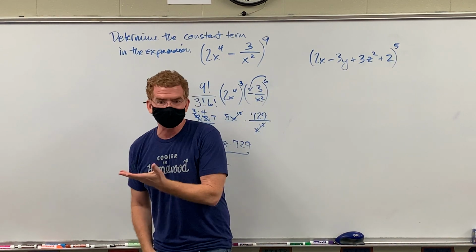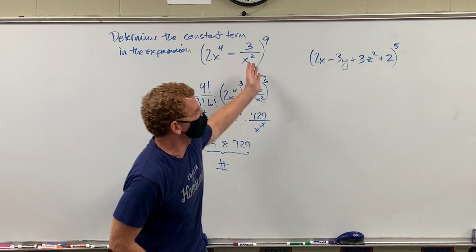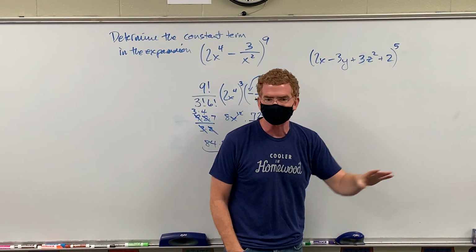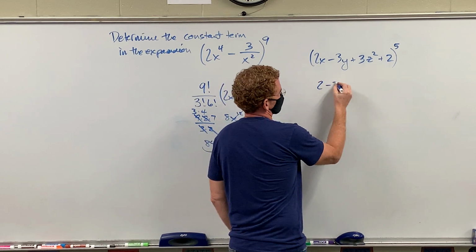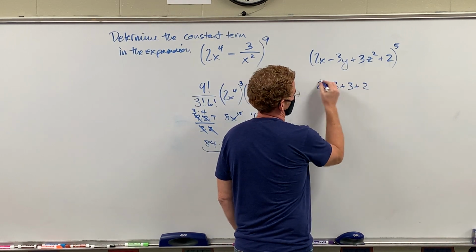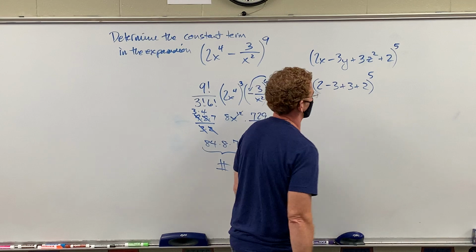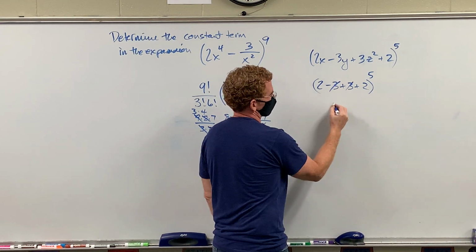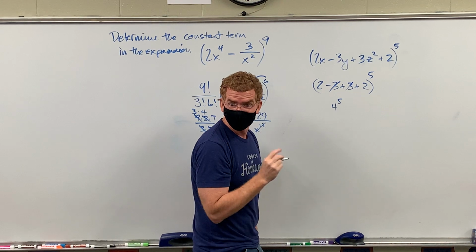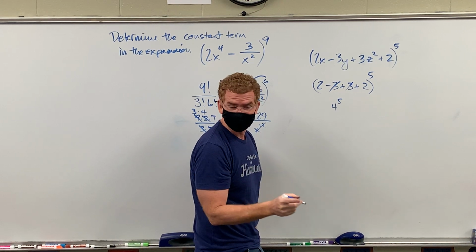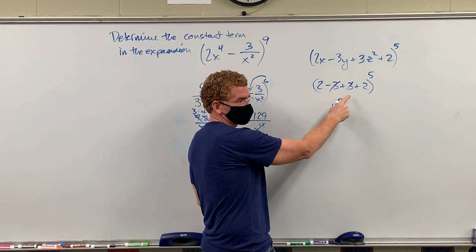But anyway, it would have been impossible to take the time, not impossible, but it would have been really tedious to write this out 5 times, right? And he goes, well, all I did was take the 2 and subtract the 3 and add the 3 and add the 2, and I just raised that to the 5th. And if you do that, you end up getting 4 to the 5th, which you guys know is the same as 2 to the 10th.